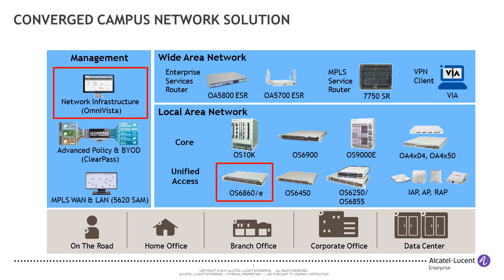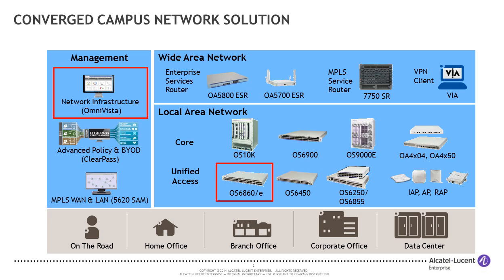So that is how the 6860 fits into the converged campus network solution, and as you can see, it's part of a much broader portfolio that deals with the wired edge as well as the wireless edge. The wired core, consisting of either stackables or chassis-based solutions.